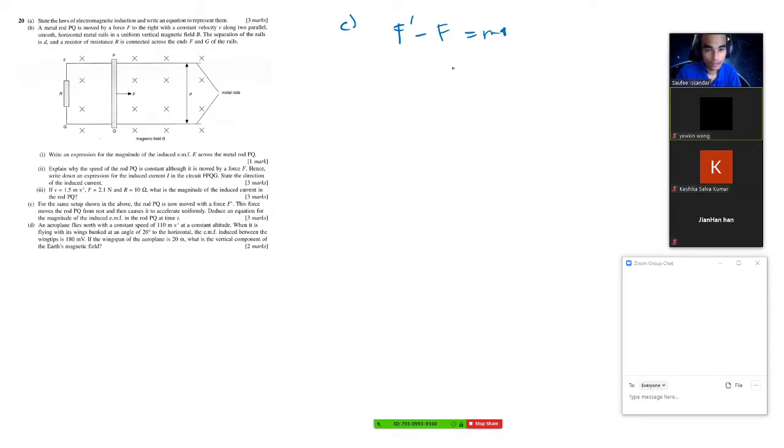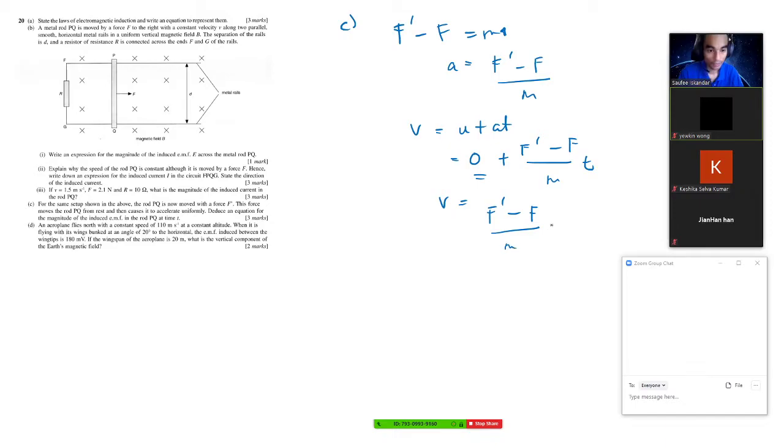So a will be equal to F prime minus F divided by m, and using the linear equation law, v equals u plus at, which equals 0 plus F prime minus F divided by m times t. So v equals F prime minus F divided by m times t.